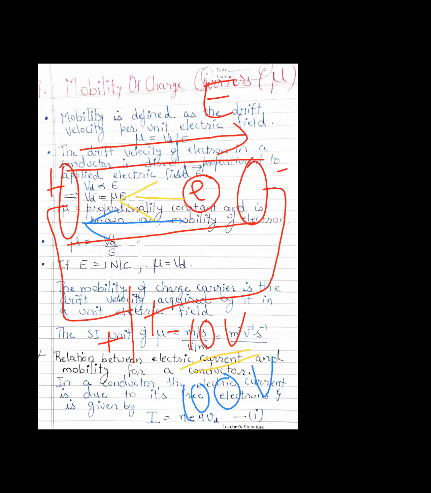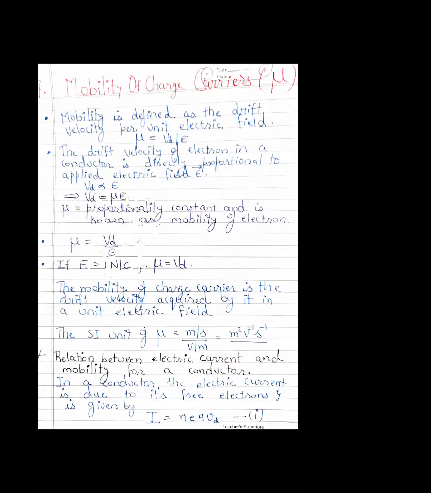So as your electric field is increasing, as you increase your potential from 10 volt to 100 volt, the drift velocity with which the electrons drift towards the positive end also increases. So we can say that your drift velocity is directly proportional to electric field.